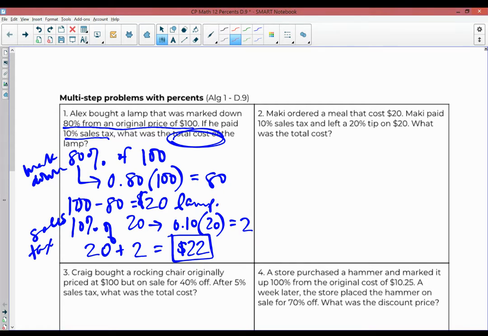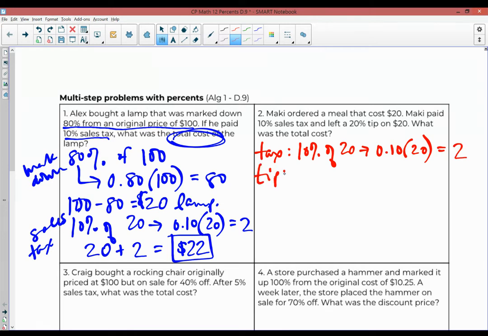All right. Mackie ordered a meal that cost $20. Mackie paid 10% sales tax and left a 20% tip on the $20 itself. What was the total cost? Okay, so the tax is going to be 10% of 20, which is 0.10 times 20. And the trick for 10% is you just move the decimal point in once. So that's 2.